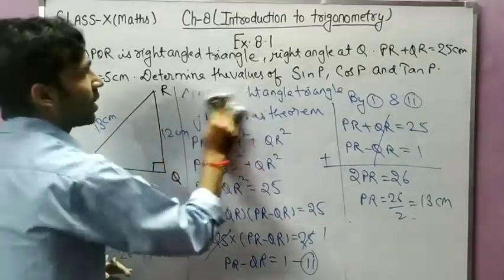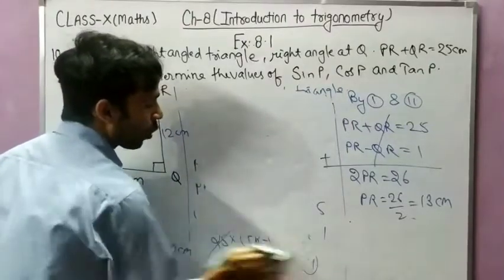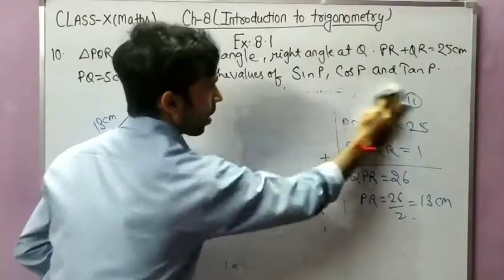Now we have to apply the trigonometric ratios concept to get the values of sin P, cos P and tan P. Okay.